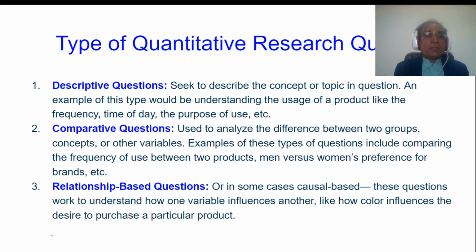In the group, we also use the concept and variable. Examples of comparative research questions include comparing the frequency of use of two products, and men versus women preference for a brand. So these are types of quantitative research questions.